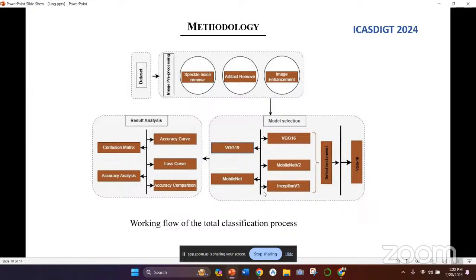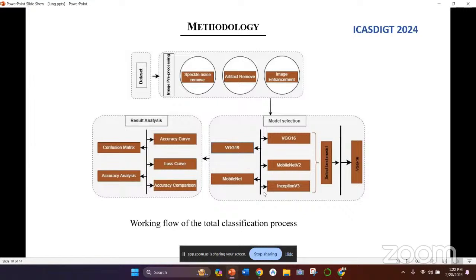Now we are talking about the method. First we collect data from Kaggle and NIH. Then we pre-process the images, and the pre-processing part is removing noisy data and artifacts, and image enhancement. Then we do model selection.